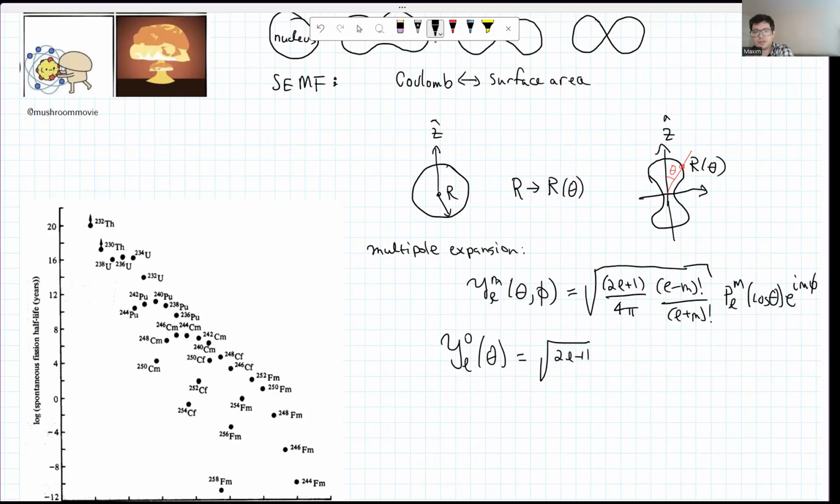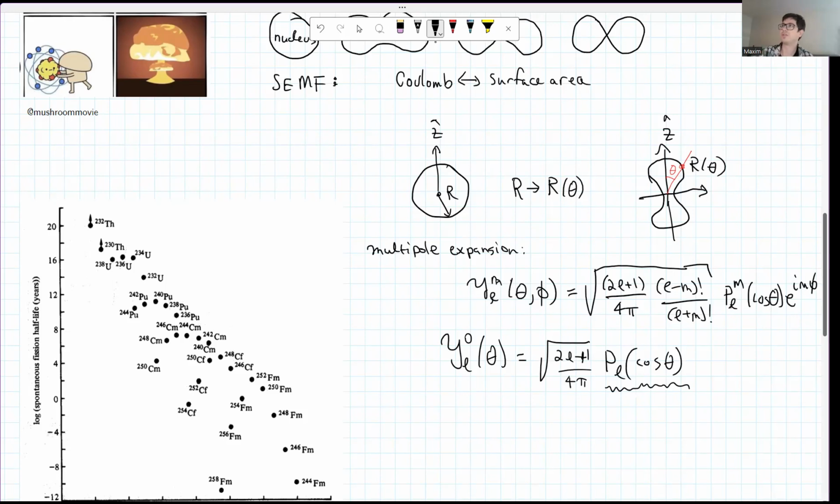It's the square root of (2L plus 1) over 4 pi, and then you drop the 0 up here because this just becomes the Legendre polynomial P_L of cosine theta. So the spherical harmonics become just proportional to these Legendre polynomials, which have a certain form you can look up.